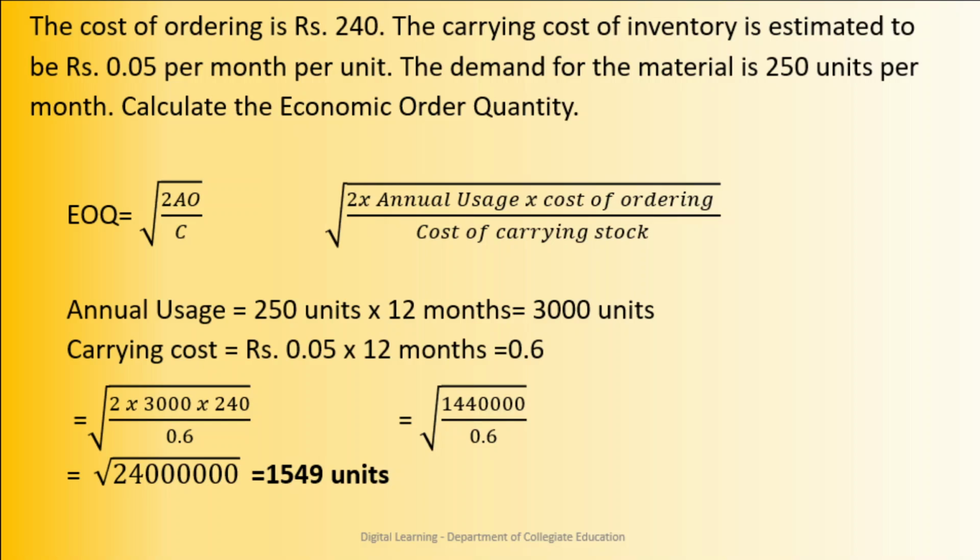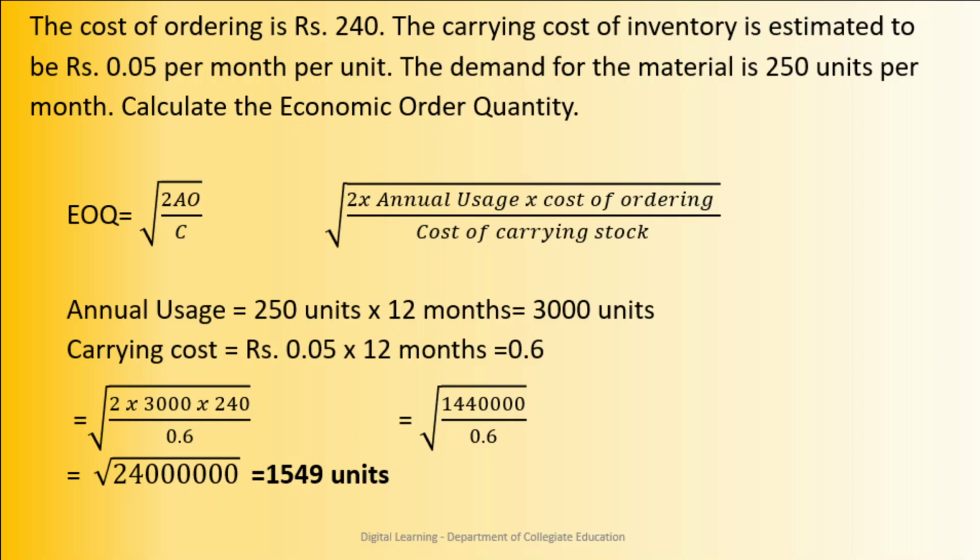Now please note here, even the carrying cost of inventory is given per month per unit. Therefore, we would like to know the carrying cost per annum. If for 1 month it's 0.05, then for 12 months, it would be how much? Which results in 0.6. Let's substitute the values into the formula: 2 into 3000 units into 240 divided by 0.6.